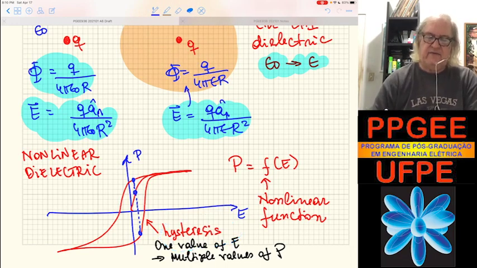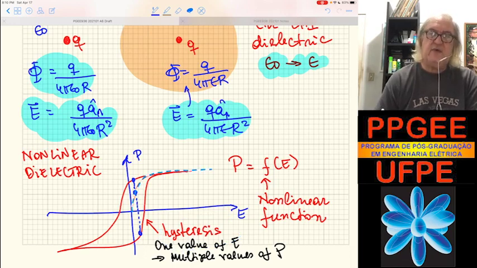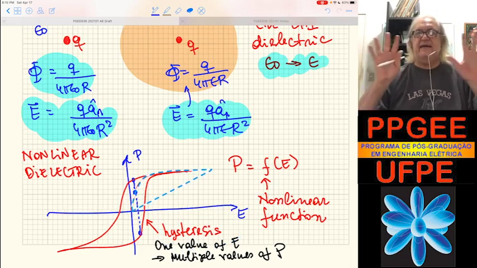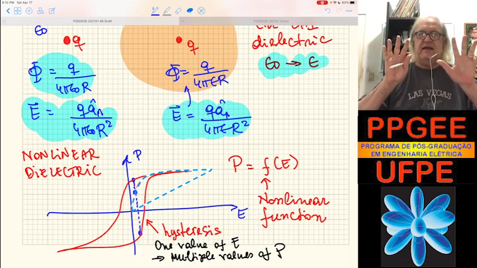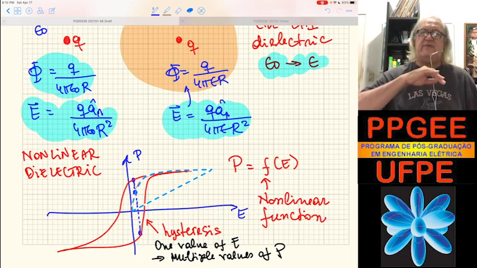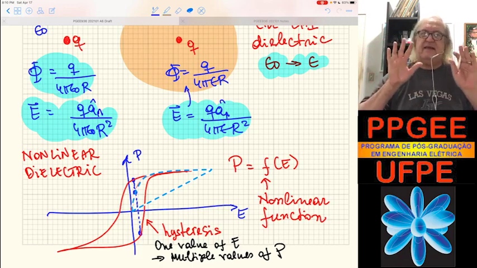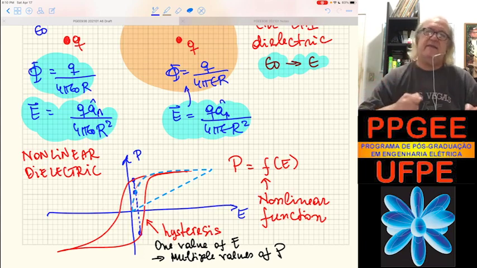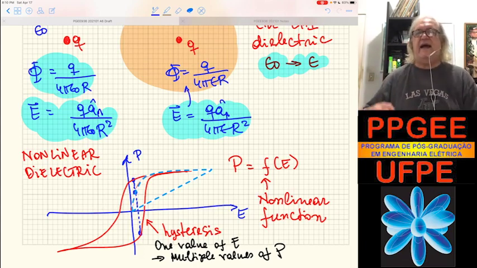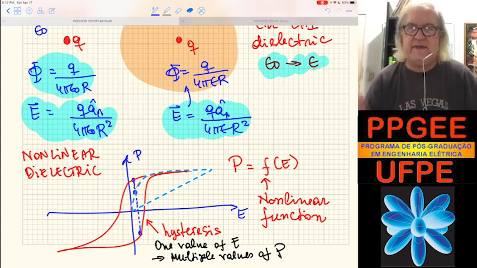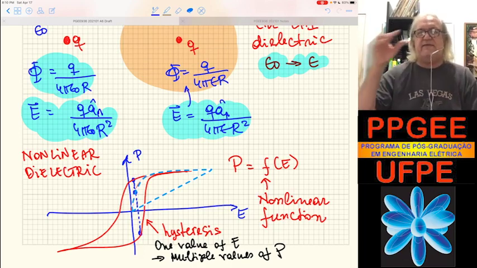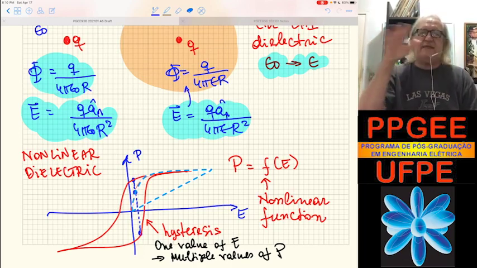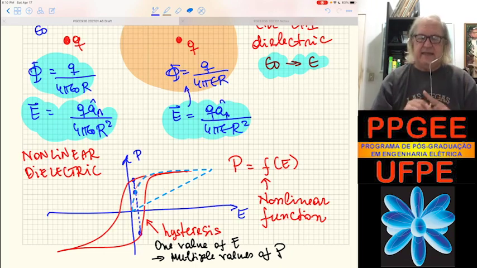Okay, so if you polarize the material, you saturate, you align all the dipoles, as I mentioned before, and it gets to a point where you cannot increase the polarization any further. The only additional effect is additional separation. You can apply increasingly higher fields until you blow up the material, right?